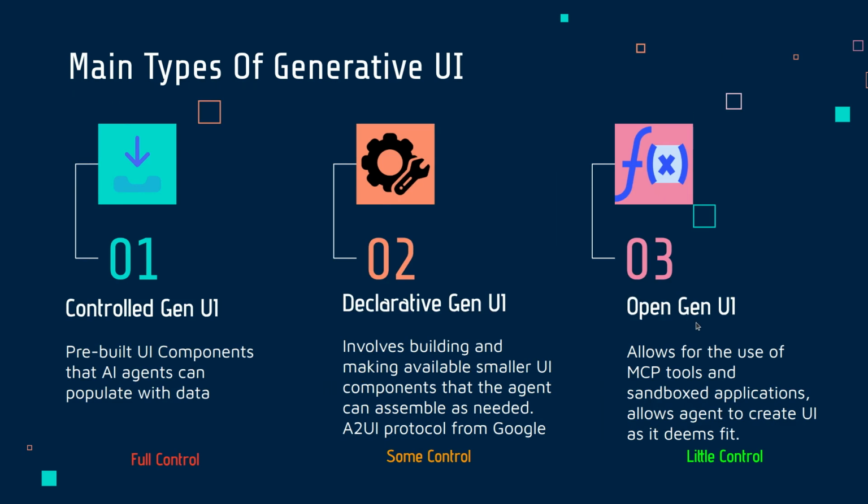But if you come to Open Gen UI, you have almost zero control. So this uses things like MCP tools, sandbox applications, and stuff like that, and allows these agents to create UI as it deems fit. So you can basically use things like MCP tools within your application that can do different stuff. For example, you could bring in MCP tools within your chat interface.